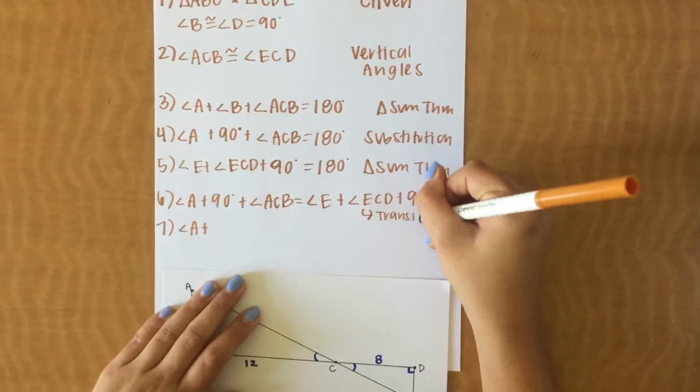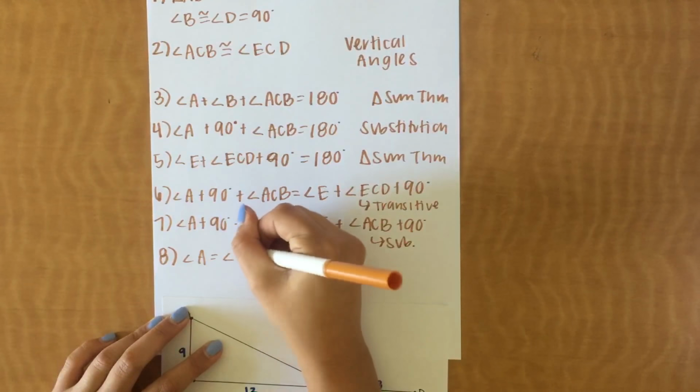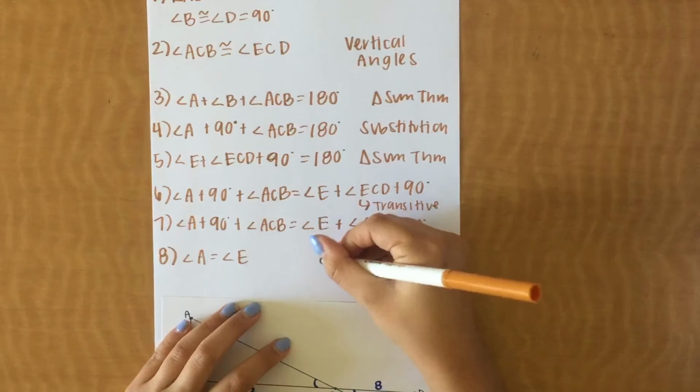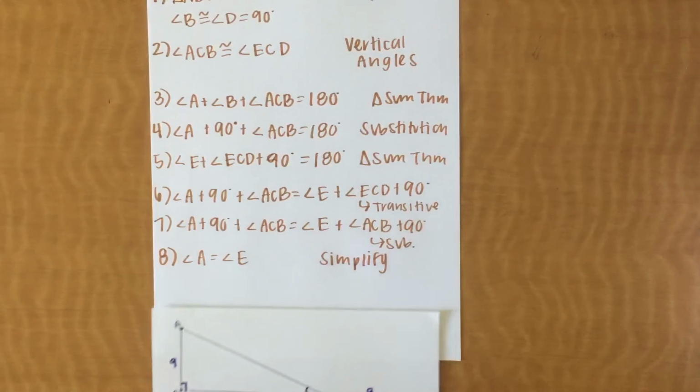So we can just subtract 90, subtract ACB, so it'll just be A equals E. And this is just simplifying. If you subtract 90, since it's on both sides, you just have A and E left over.